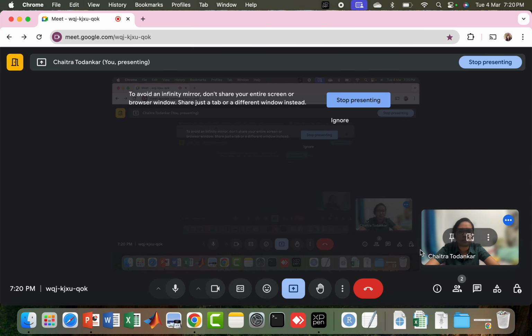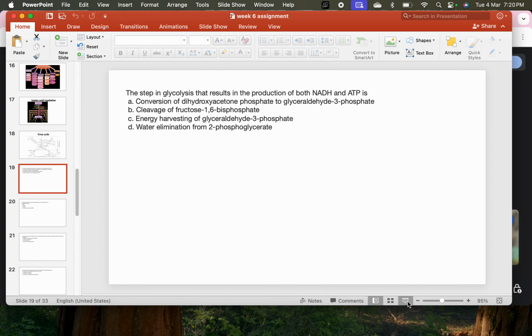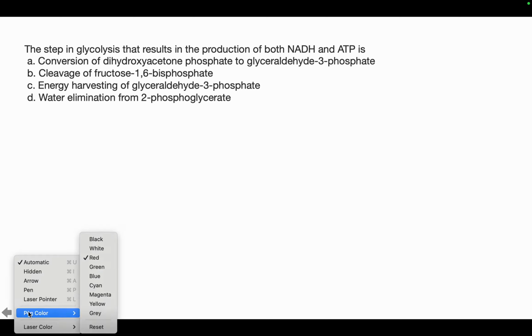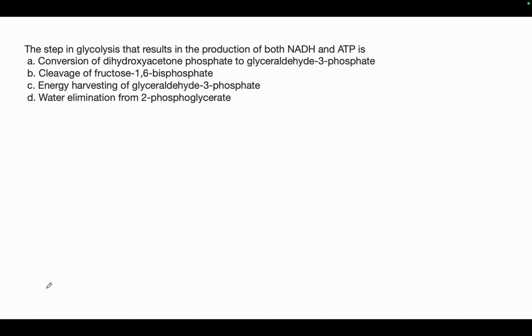So now we move on to the assignment questions. The step in glycolysis that results in the production of both NADH and ATP is... So only one step gives us NADH reducing power as well as ATP, that is the energy harvesting of glyceraldehyde 3-phosphate.